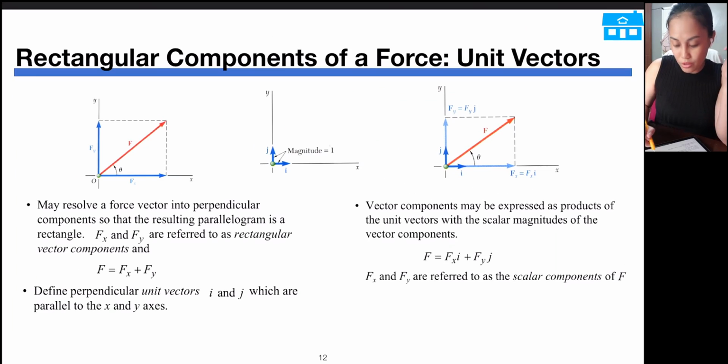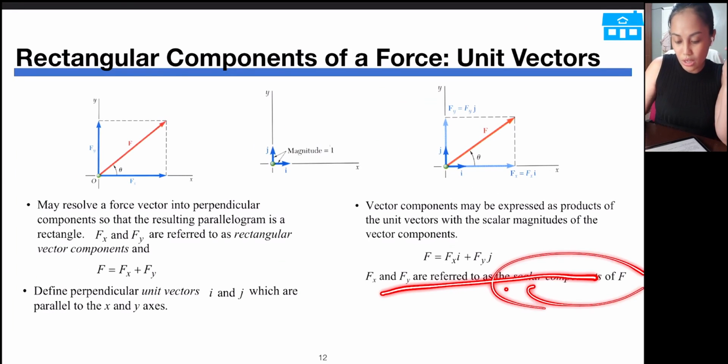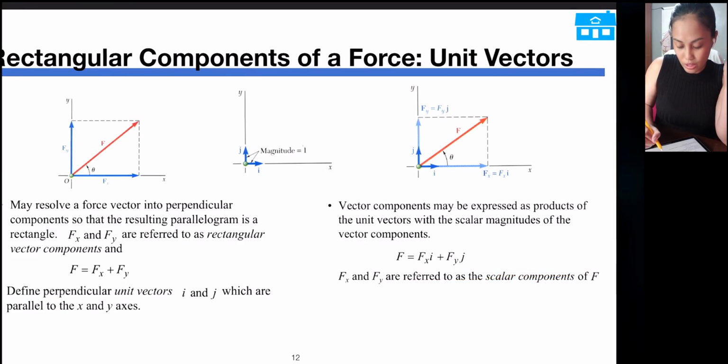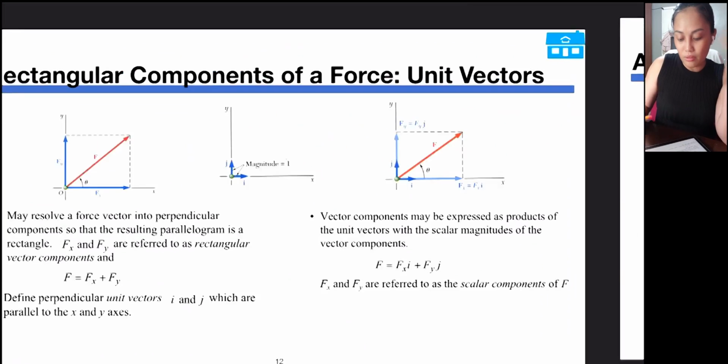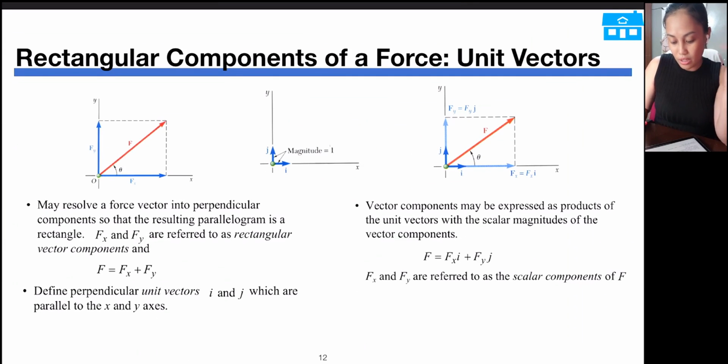Fx and Fy are referred to as scalar components of F. The vector is in bold, while the scalar value is italicized.